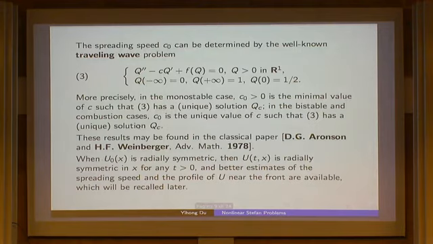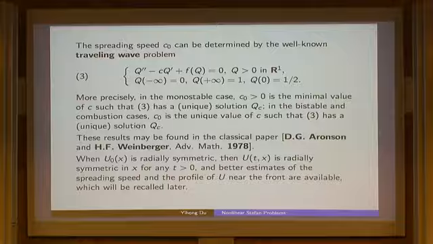And that can be determined by this traveling wave problem. So the same kind of f, but here both c and q are unknowns. So you require these conditions at the boundary of R1, and you normalize it so that q at 0 is half. And this c0 is uniquely determined by this problem. Of course, depending on whether f is monostable, bistable or combustion, this c0 changes. In the monostable case, c0 is the minimal value such that you have a solution.